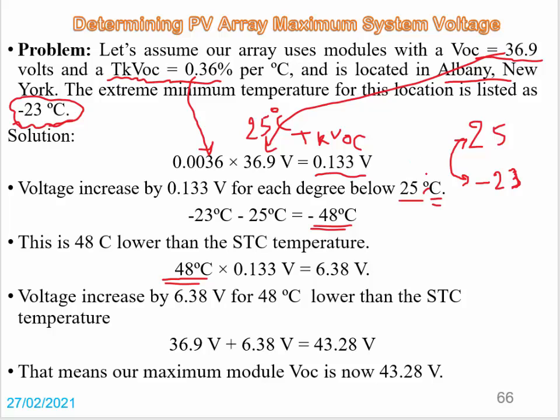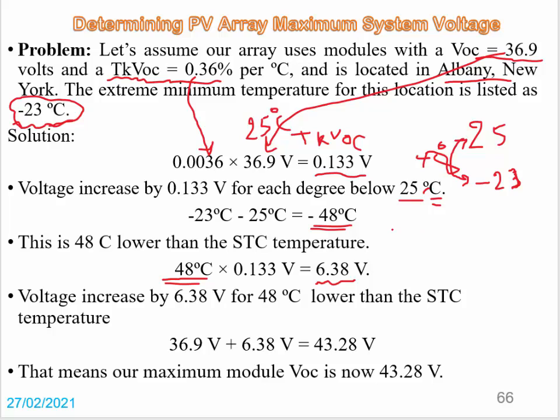So we multiply the difference, 48 degrees Celsius, by 0.133 volt, and we have 6.38 volt.